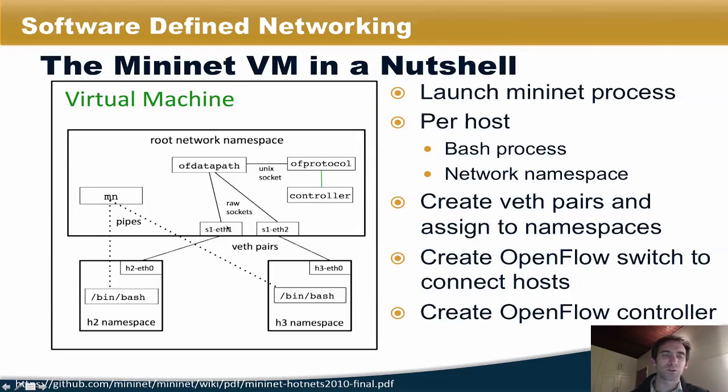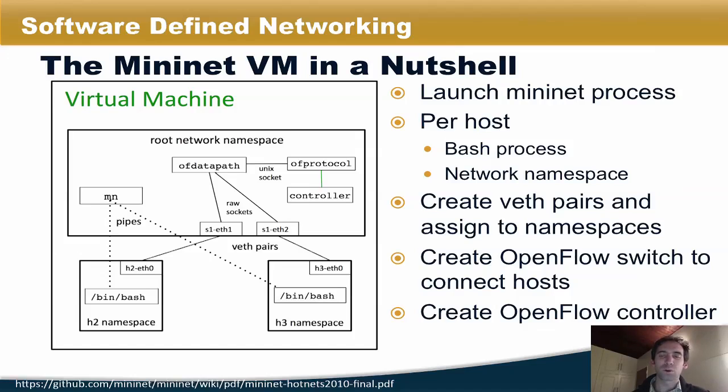The reason we want to do that is because eventually we're going to connect it to a switch. So each one of these hosts has a virtual Ethernet pair, and each pair is assigned to the namespace that corresponds to the virtual host that represents that particular node in the virtual network.